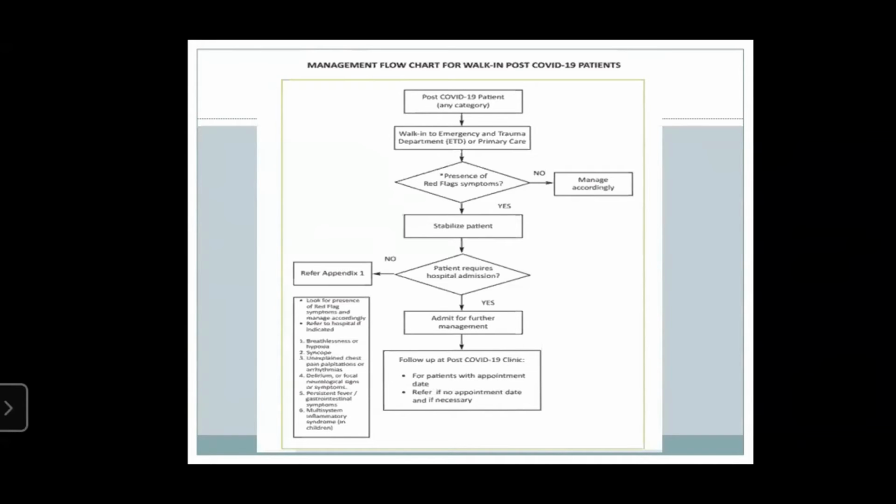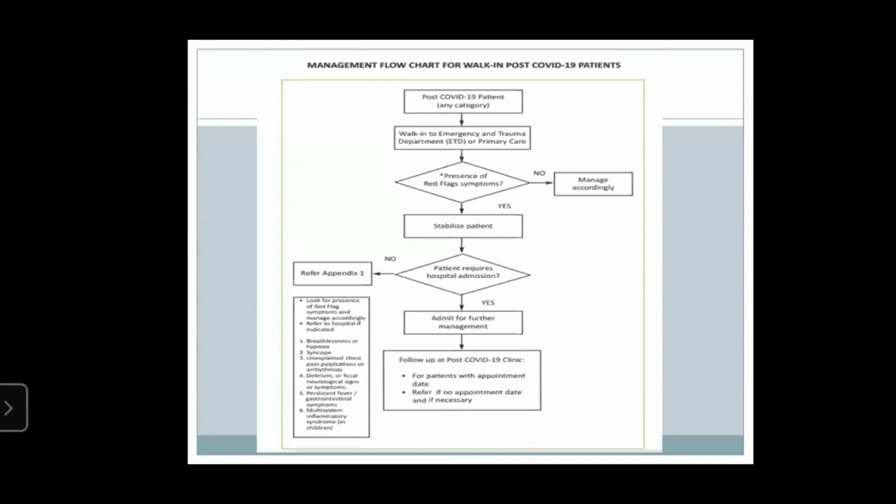After we stabilize the red flag symptoms, we have to decide whether this patient requires hospital admission or not. If yes, we have to admit for further management, and the primary team will decide on further follow-up.